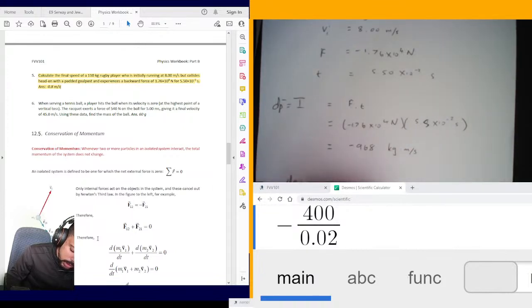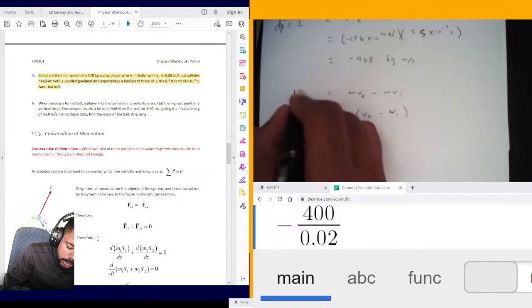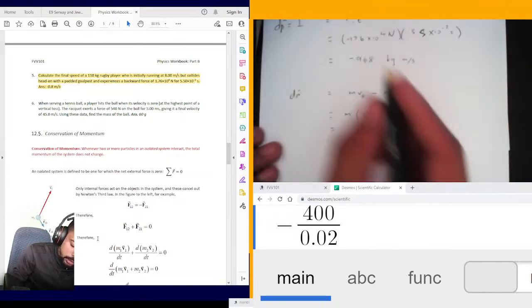We also know that the change in momentum is equal to the momentum at the end, mass times velocity final, minus the momentum at the beginning, mass times velocity initial. Now we can take the mass out, and it'll just be velocity final minus velocity initial.